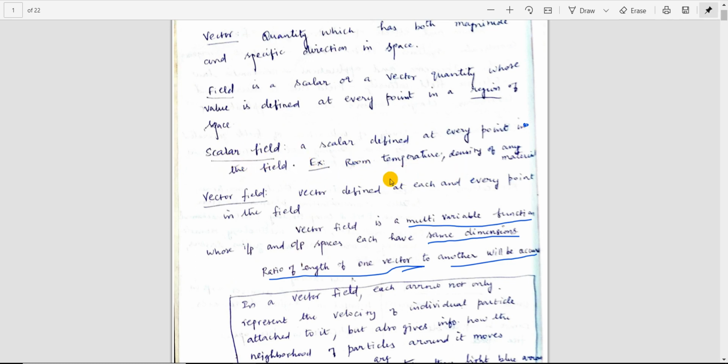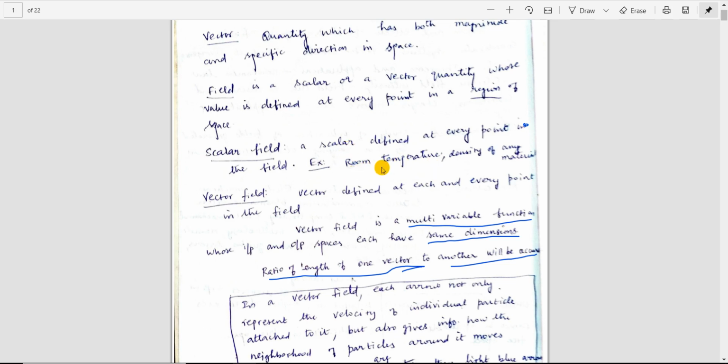In the case of room temperature, if you are having a room, it may be a region of space. If that room is supplied with any heating equipment like a heater or AC, then at each and every point of that particular room the temperature may have the heating energy supplied by the heating element.